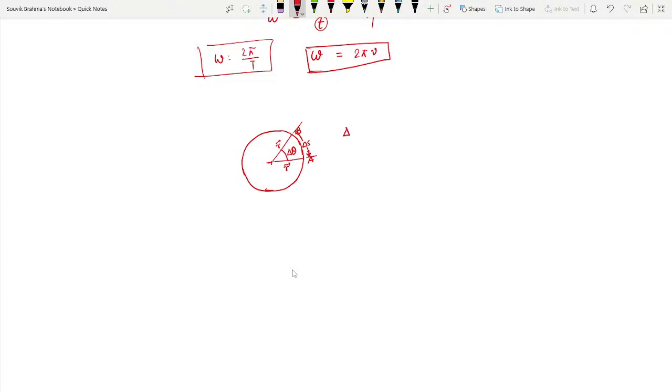So we know delta theta is equal to delta s by r.